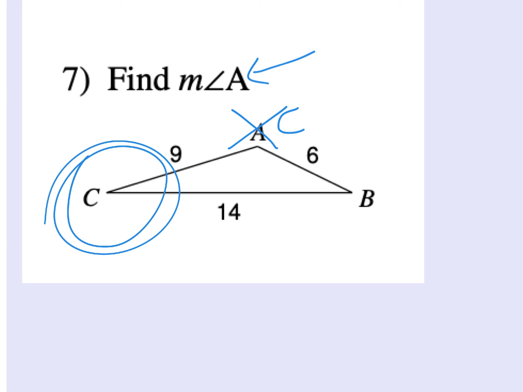Otherwise, you're going to have to do the whole law of cosines and find this angle, and then you'll be able to use the law of sines, and it'll take you two steps. Instead, just change the letters. I'm going to make that A into C, but then I better not have a C here also. Make that A. And now I can do the law of cosines on it as it is.